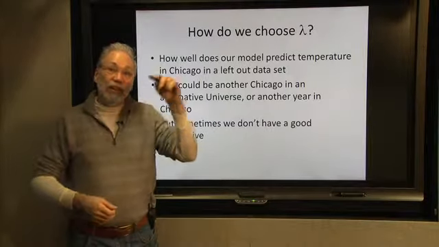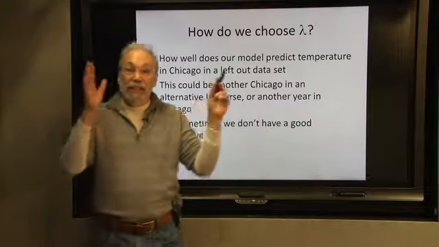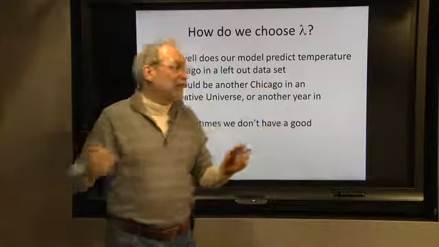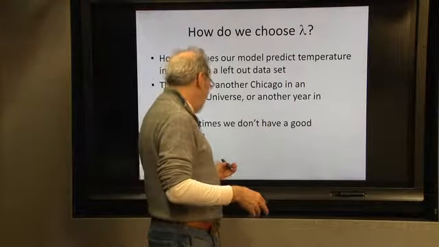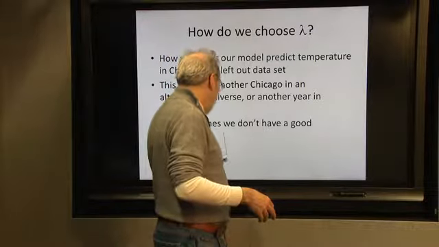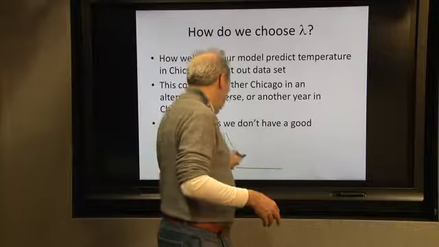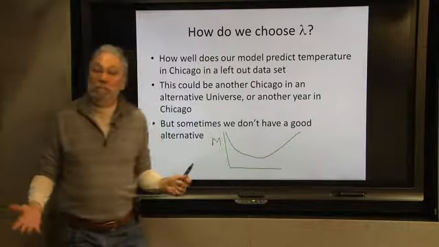So I fit a curve for mortality versus temperature in my training data set, which is Chicago in 2001. Okay, and I get a curve, and I find that it looks like that, right?